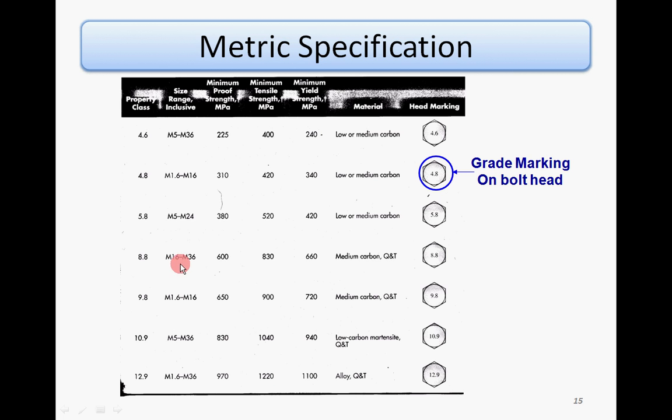In the table, this is M16, but I think that's actually probably not the right starting point. Anyway, the metric ones generally have the grade numbers stamped on the bolt head, so that's where you can look it up.